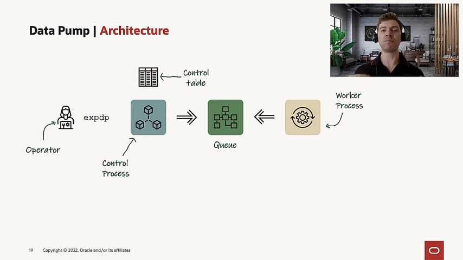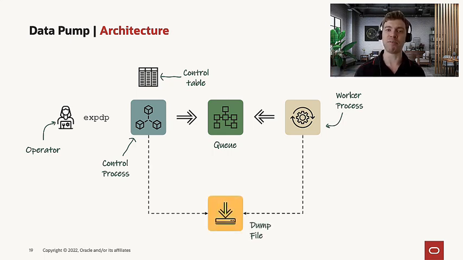When we have multiple parallelism here, then we are going to have multiple worker processes taking tasks from this advanced queue. So the worker process takes the first task of this queue, gets the data from the database, and writes this data on the dump file.